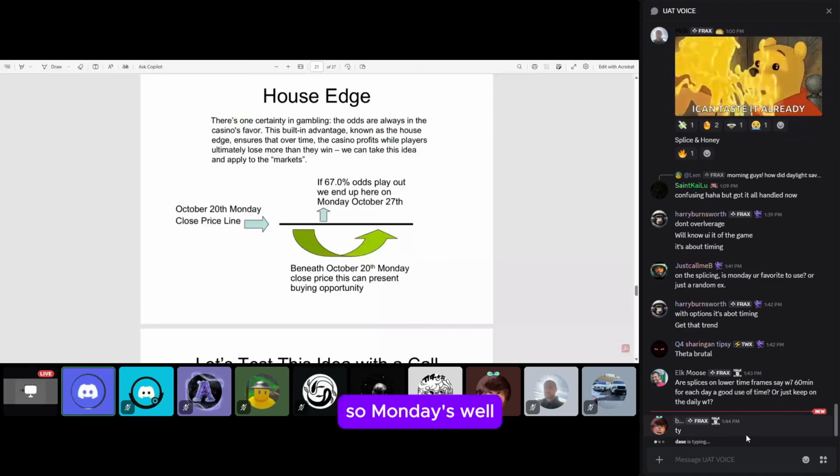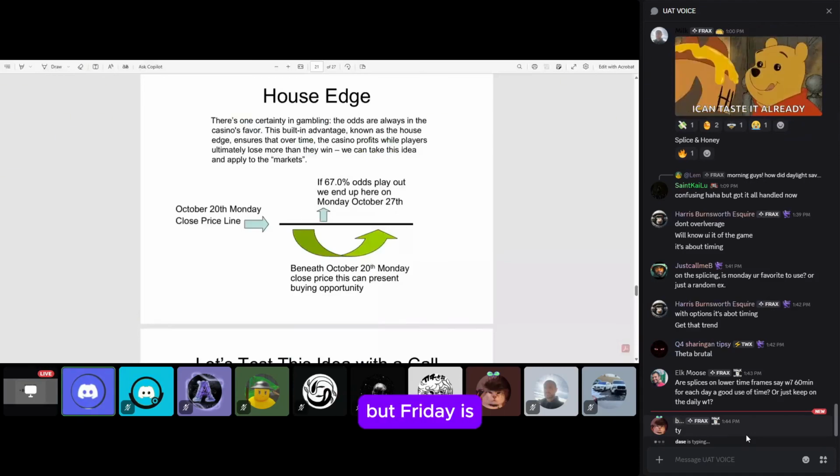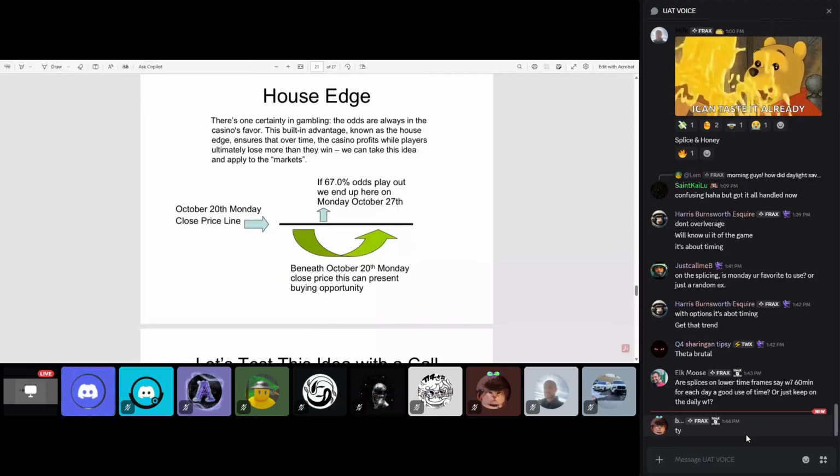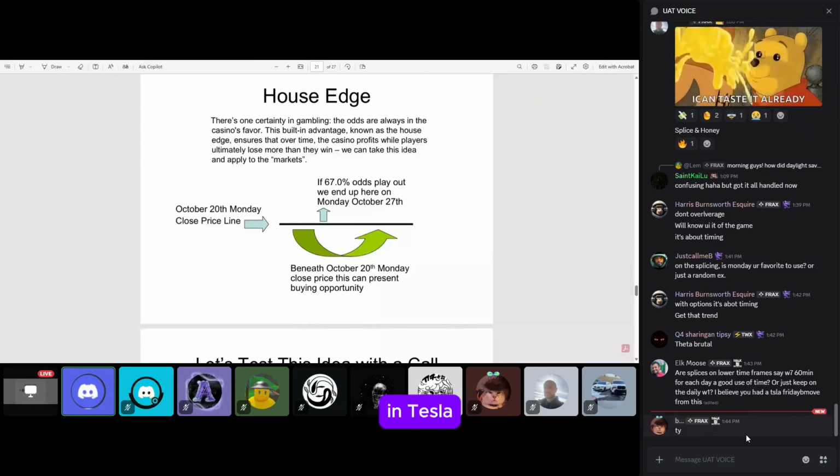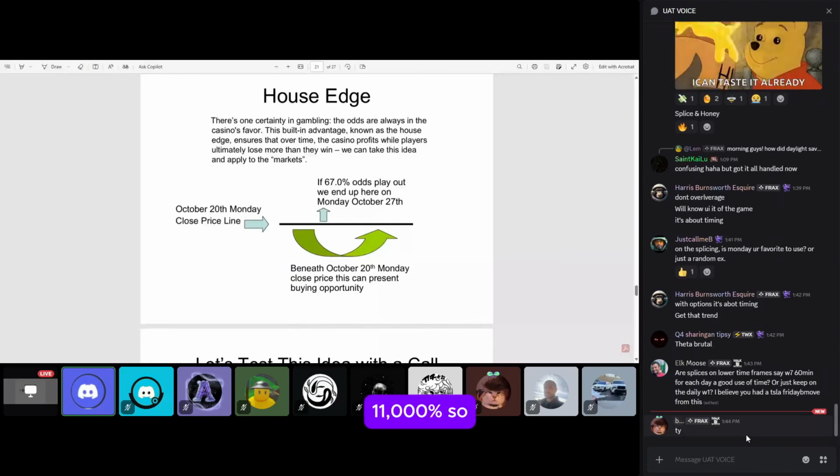Well, really any day, but Friday is awesome, because if you get into options, the time decay comes out of them, and the upsides can be incredibly awesome. Like Tesla, I've shown Tesla a couple times, but there was a trade probably 2 or 3 months ago in Tesla on a Friday, and it went 11,000%. So for every dollar in, it was 110 out.